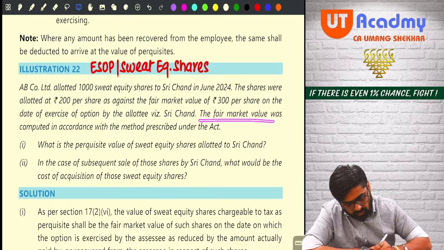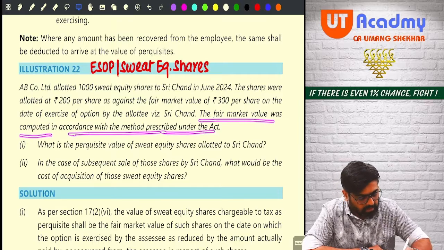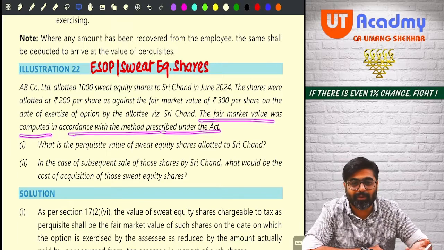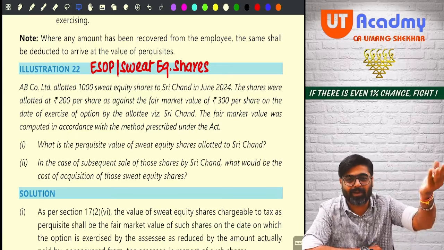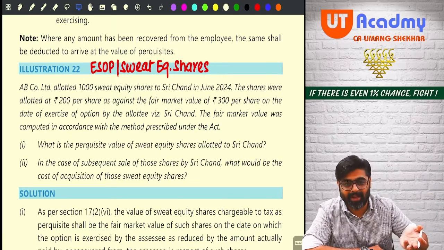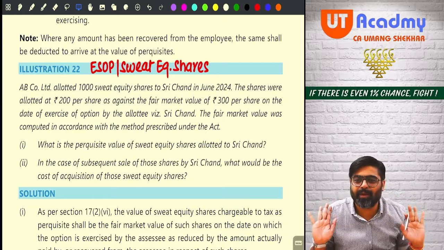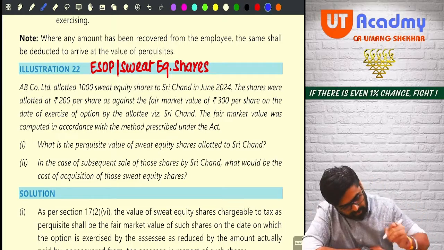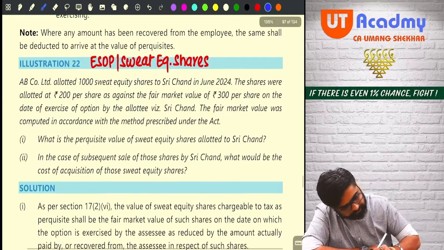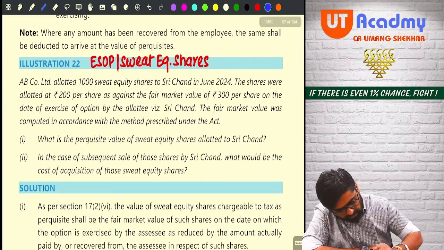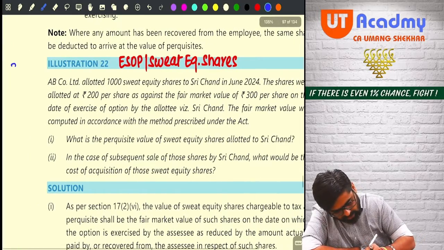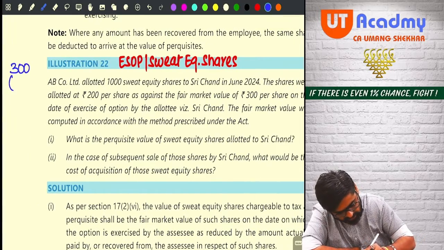The fair market value was computed in accordance with the method prescribed under this act. Very good. You have calculated as per the method prescribed and given it to us. So we'll be using that 300 only. So what we are going to do? We are supposed to take 300 per share minus 200, the exercise price.